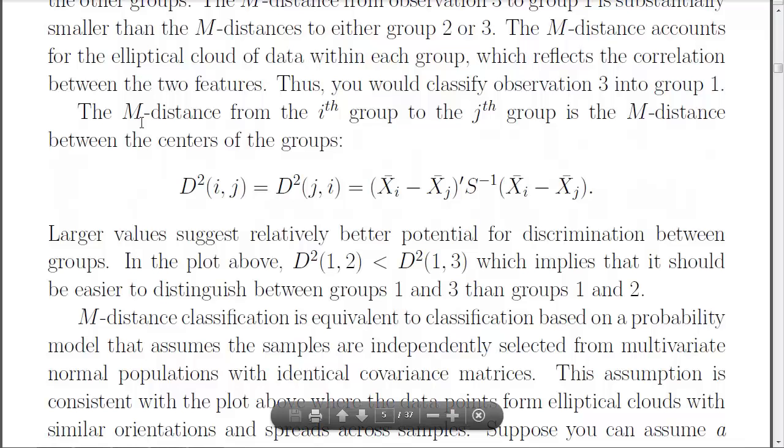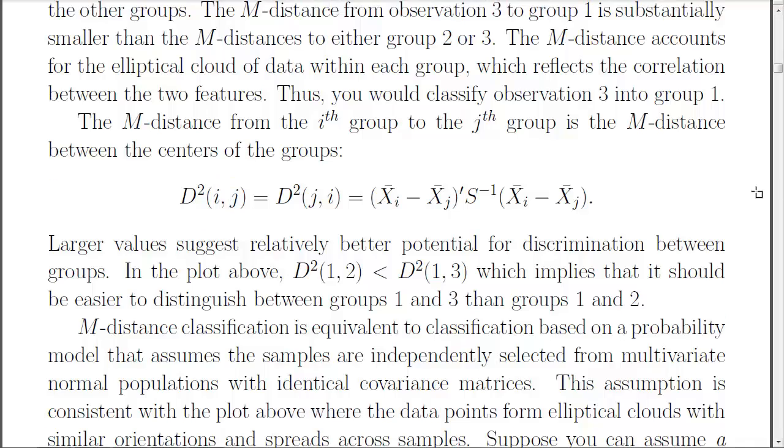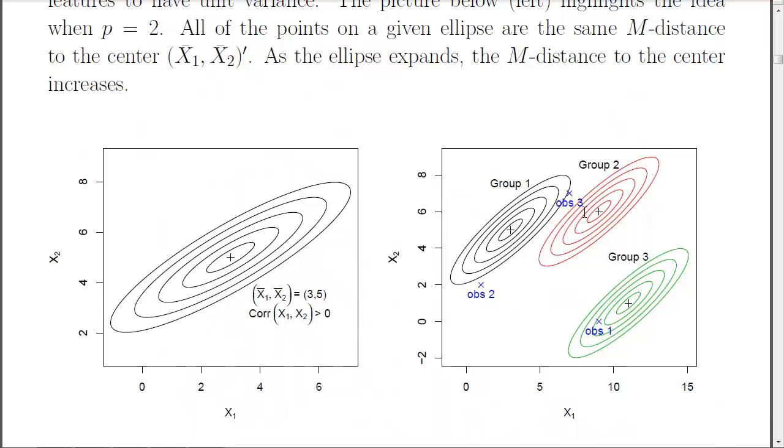All right, so the Mahalanobis distance from the ith group to the jth group, basically that's saying how far are the pairs of groups from each other. You can calculate the same way. I'm just putting in the ith group and the jth group. For example, we can think of in the example above, maybe we want to compute the distance from group 1 to group 2.